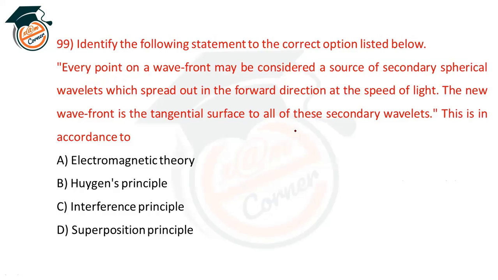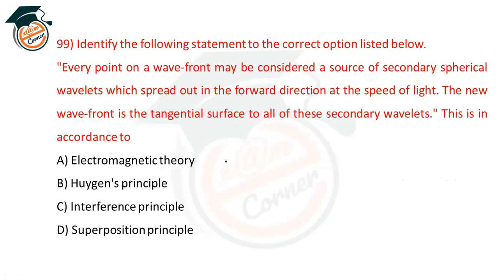Identify the following statement to the correct option listed below. Every point on a waveform may be considered a source of secondary spherical wavelets which spread out in the forward direction at the speed of light. The new wavefront is the tangential surface to the secondary wavelets.